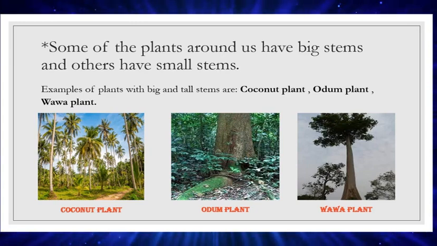I repeat, coconut plant, odum plant, and wawa plant. You can see the pictures nicely arranged over there. The first one is the coconut plant, then we have the odum plant, so how big they are, and the wawa plant, big and tall. Okay, let's move on to the next slide.